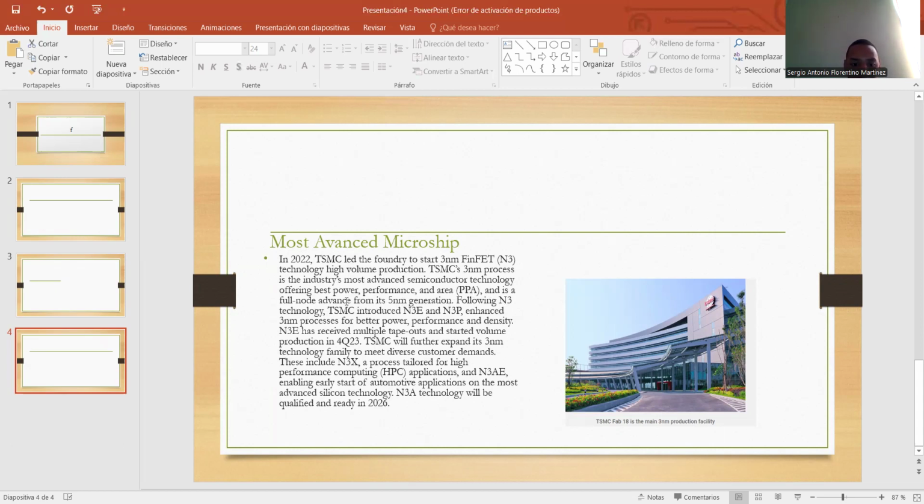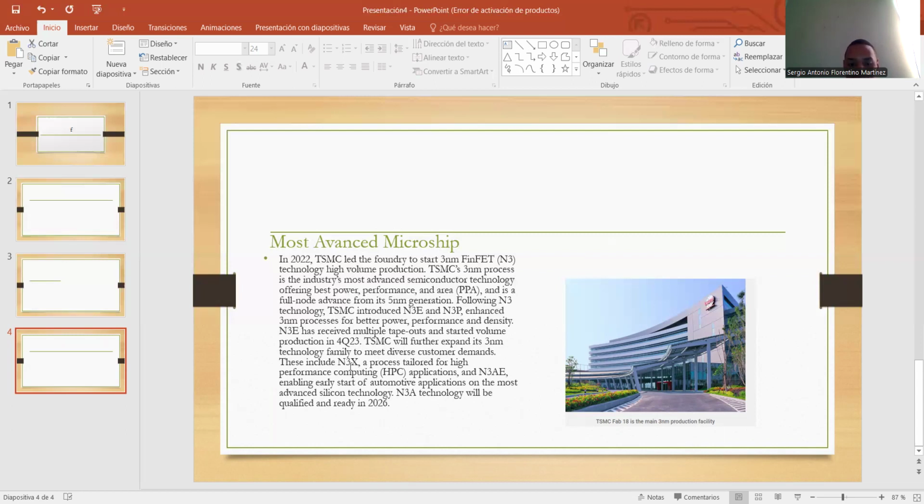Following the 3 nanometer technology, TSMC introduced the 3 nanometer enhanced and a 2 nanometer process for better power, performance, and density, and they have received multiple tape-outs and started volume production in the second half of 2023. TSMC will further expand its 3 nanometer technology family to meet customer demand.